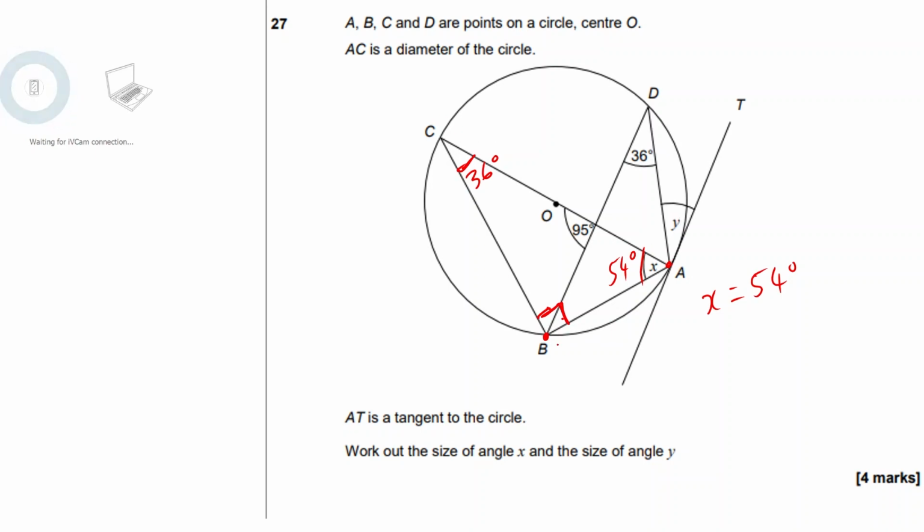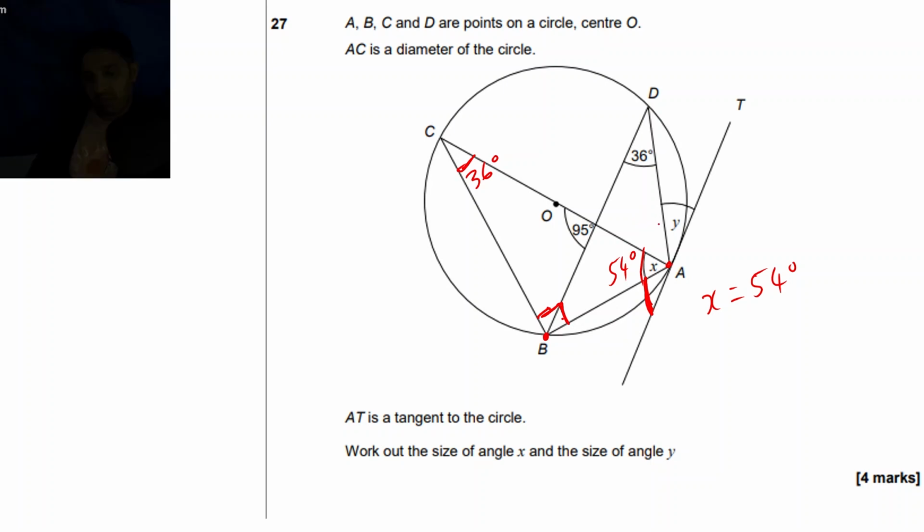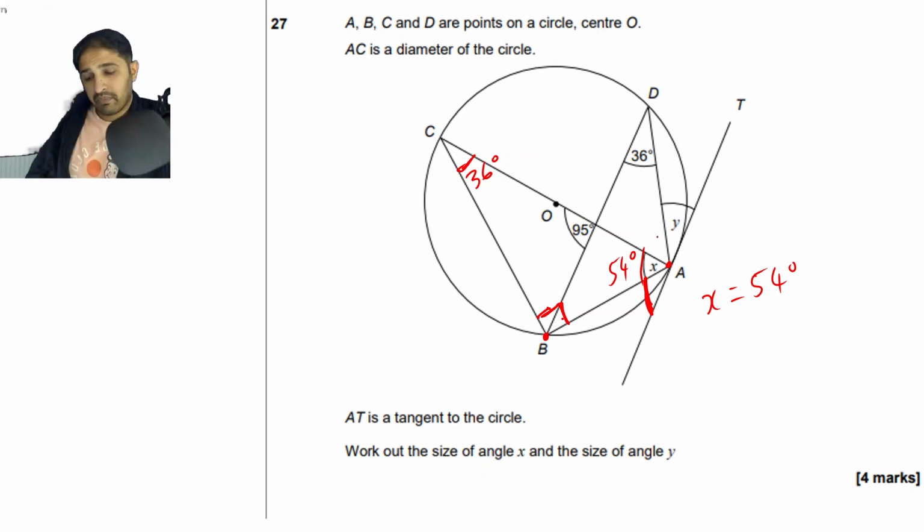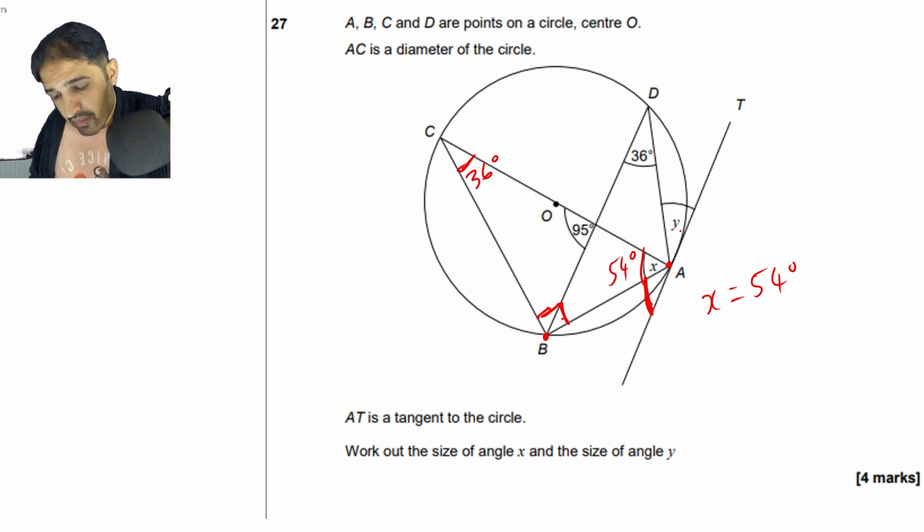We know this angle here is going to be 36, and the entire angle is going to be 54, and this entire thing is going to be 90. So as soon as we work out this angle, we can work out what Y is going to be, because this entire thing is going to be 90.